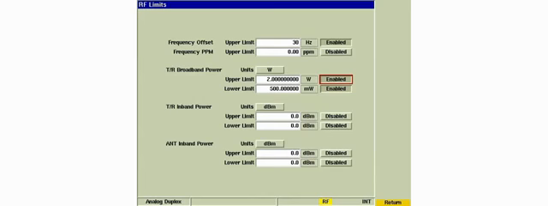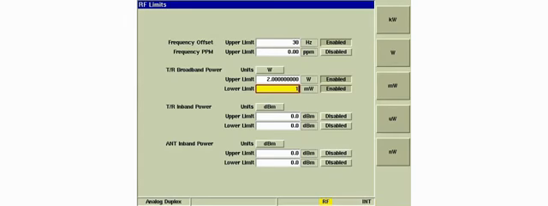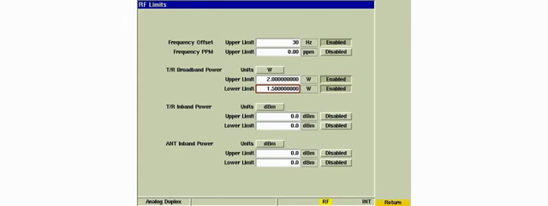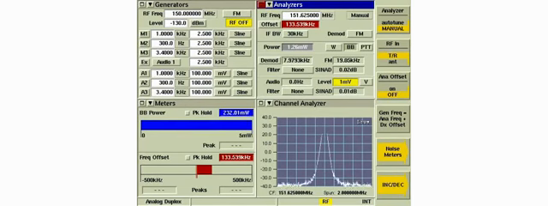Let's assume the power can be no higher than 2 watts, but no lower than 1.5 watts. The color blue indicates that a measurement has failed to meet its lower limit. We know at a glance the transmitter is failing its power specification and that it is too low.